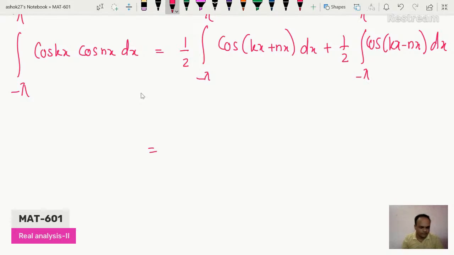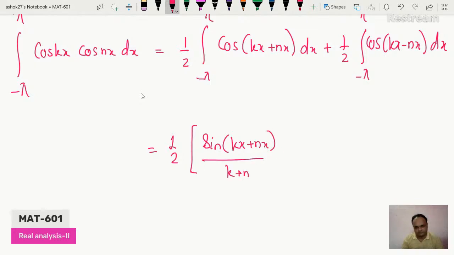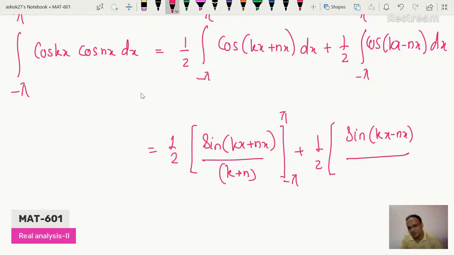It will be half times, integration of cos is sine, so sine(kx + nx) divided by k plus n, and its limits are from minus pi to pi, plus the second integration, half times again sine(kx - nx), divided by k minus n, and the limits are from minus pi to pi.